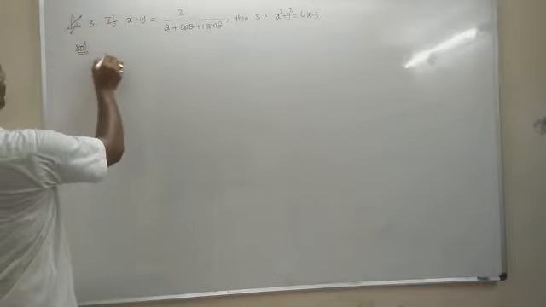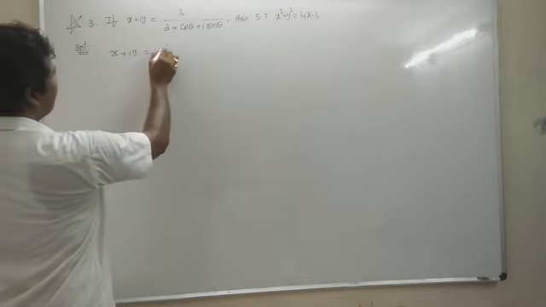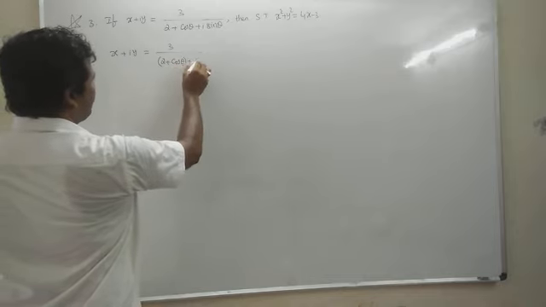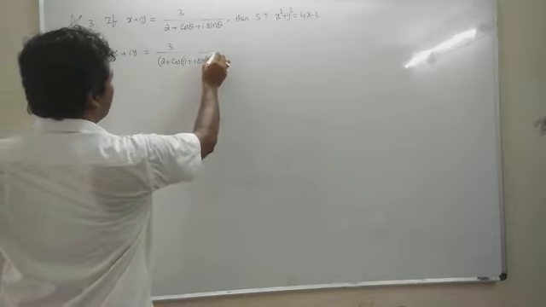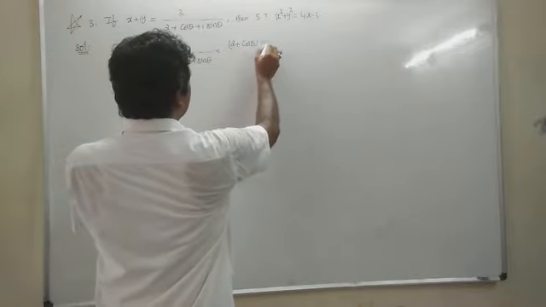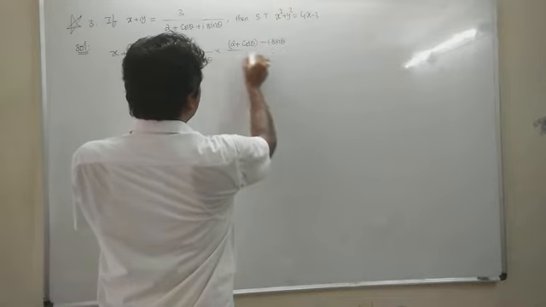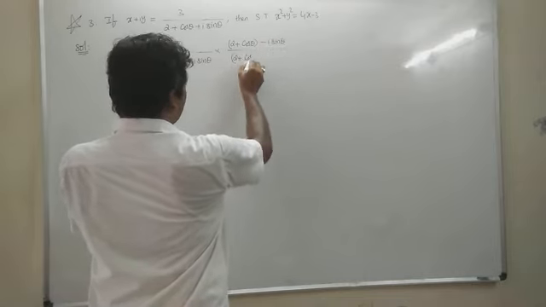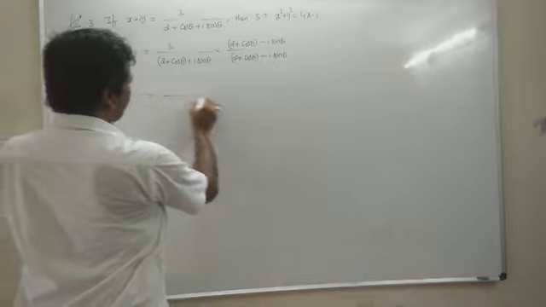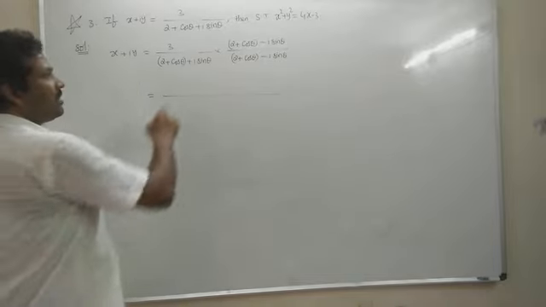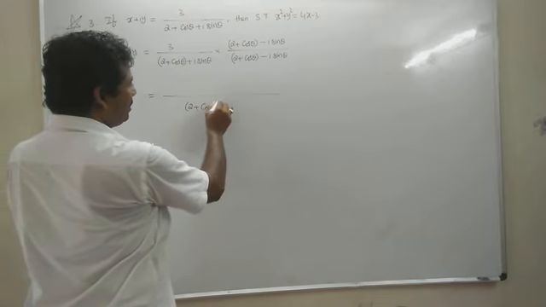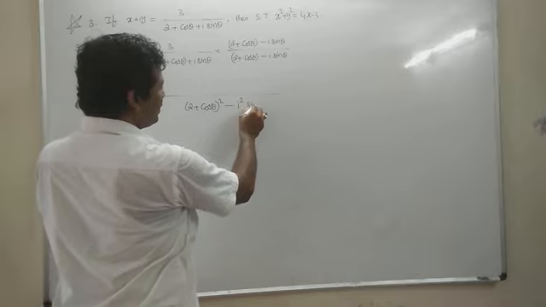Solution. x plus iy equals 3 by 2 plus cos theta plus i sin theta, multiplied by 2 plus cos theta minus i sin theta by 2 plus cos theta minus i sin theta. So the denominator is a plus b into a minus b, a square minus b square: 2 plus cos theta whole square minus i square sin square theta.